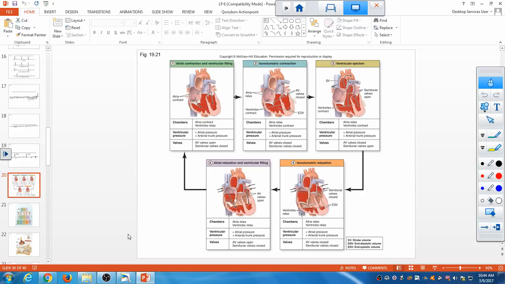The electrodes you put on don't hurt, they don't do anything, they're just reading electrical information. Is the electrical information coming toward the recorder, or is it moving away? If it's coming toward, it's going to be an upward movement. If it's moving away, then it's a downward movement.